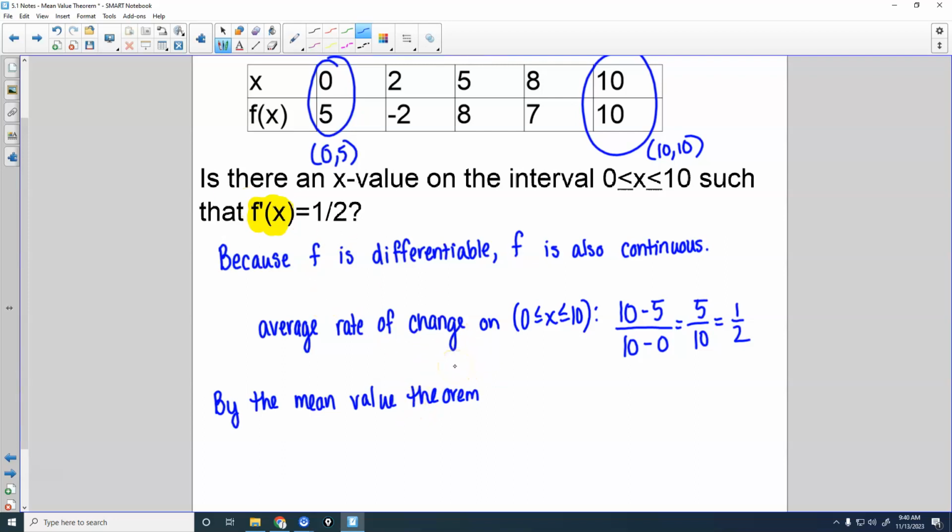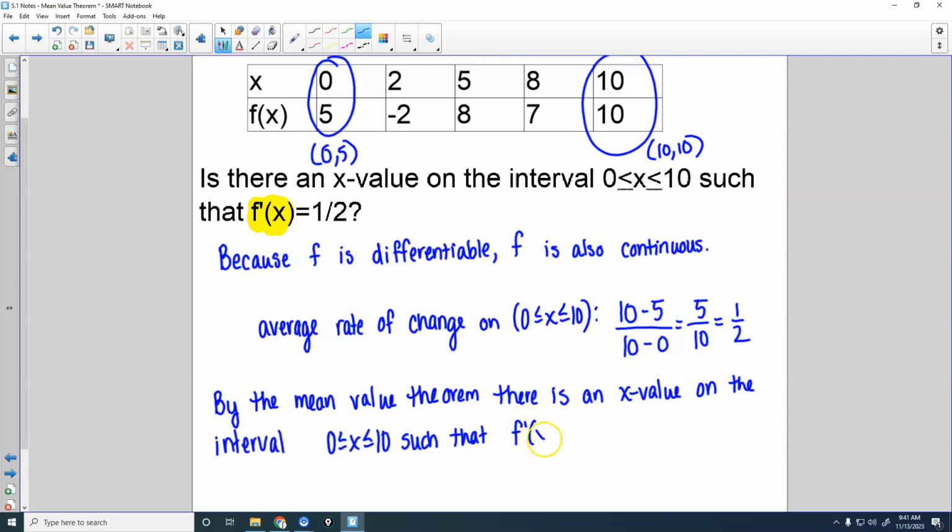Instead of saying "is there," you're going to say there is an x value on the interval 0 less than or equal to x less than or equal to 10 such that f prime of x equals 1/2.